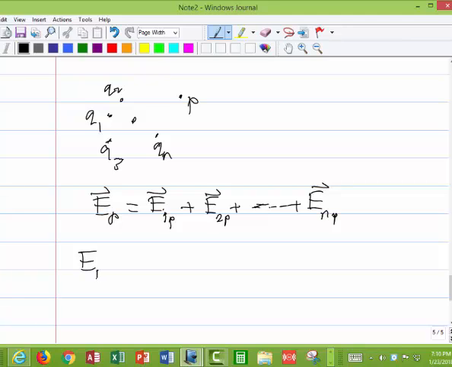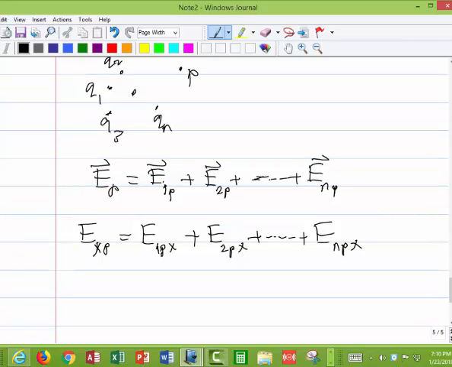The x component of the electric field at P is equal to the x component of the field from 1 at P, plus the x component of the field from 2 at P, plus the x component of the field from N at P. This can be written as the sum from 1 to N of E subscript i at P in the x direction.